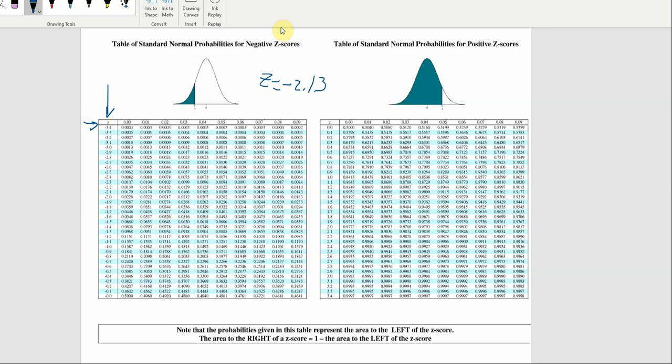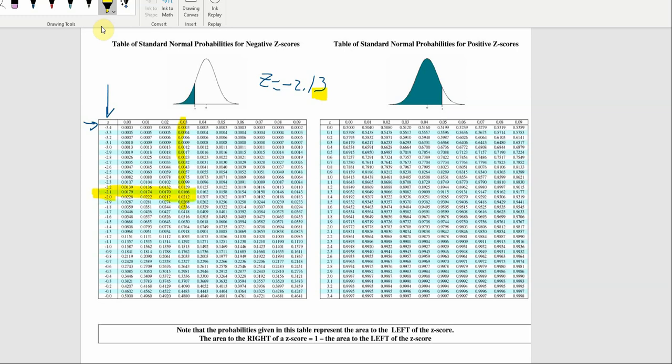So if I have a z-score of negative 2.13, what is the area to the left of that underneath the curve? I'm going to use this chart, and I'm going to say negative 2.1 right here. And then the second decimal, this 3, is over here. So 0.03 gives me that second decimal. So I have to come down this column and across this row.